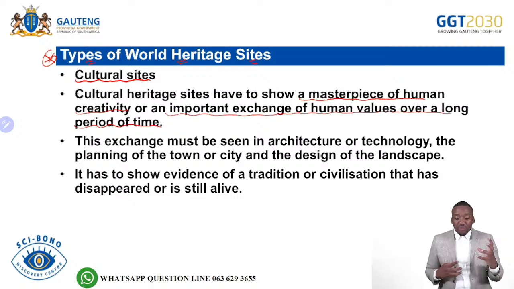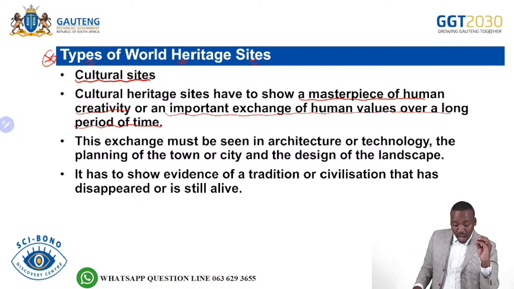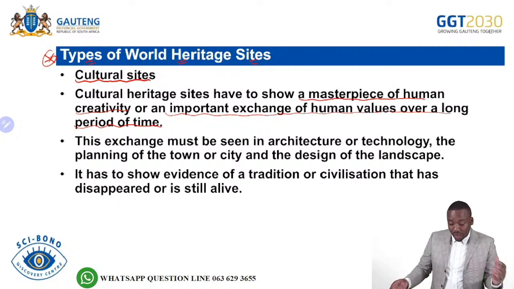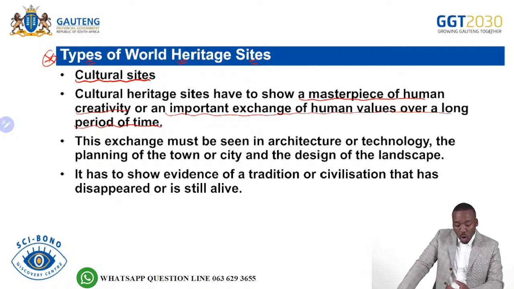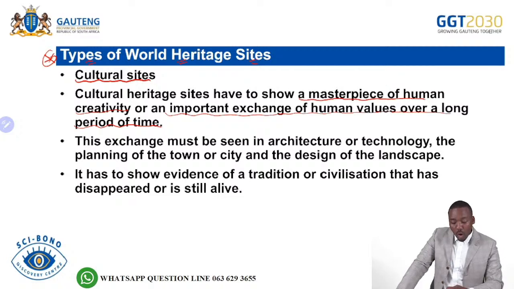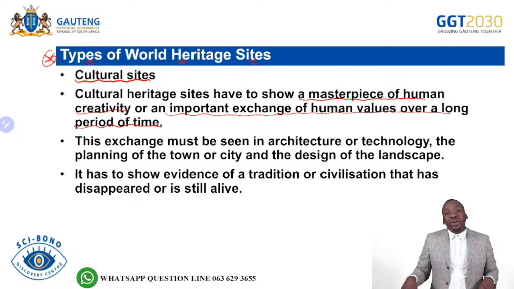So in terms of a cultural heritage site, number 1, it must show a masterpiece of human creativity. It has to involve humans. Or an important exchange of human values over a long period of time. So when we go to a cultural heritage site, let me use maybe the culture of the Nama people, who are part of the Khoisan people.